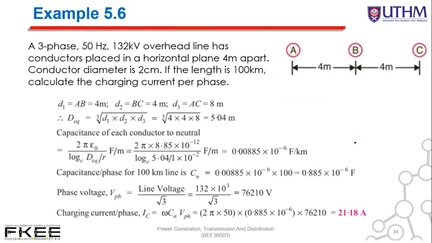Now look at example 5.6. A 3-phase 50 Hz 132 kilovolt overhead line has conductors placed in a horizontal plane 4 meters apart. The distance between A and B is 4 meters, between B and C is 4 meters, so between A and C will be 8 meters.